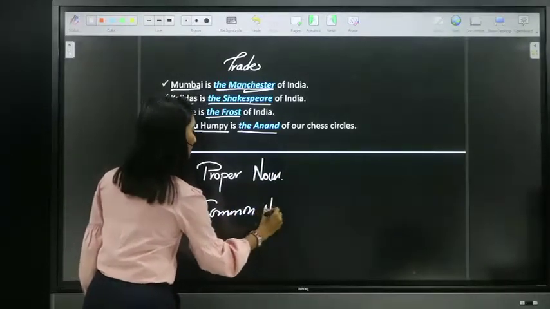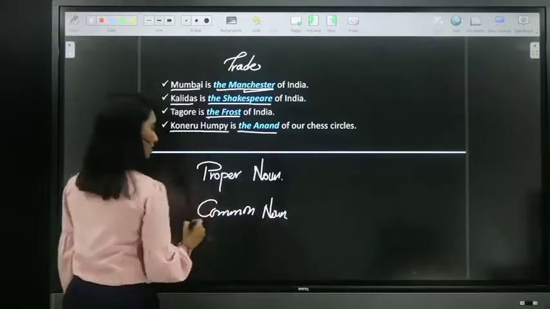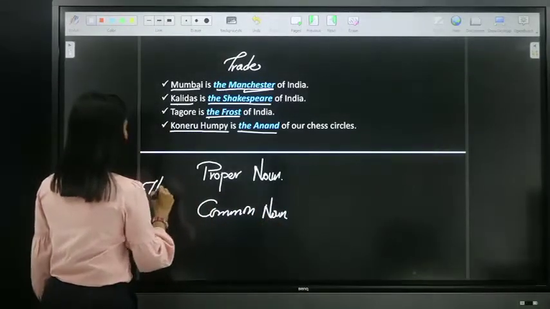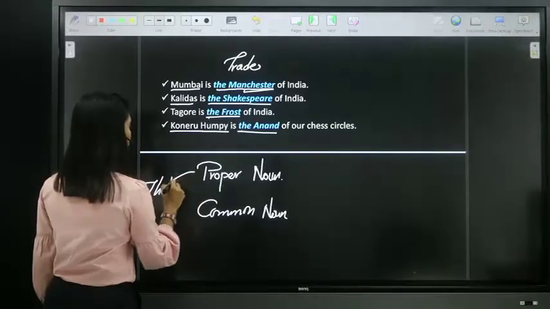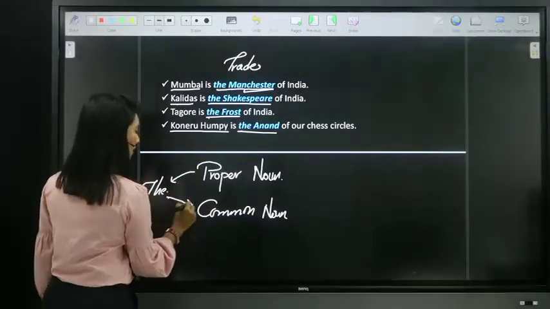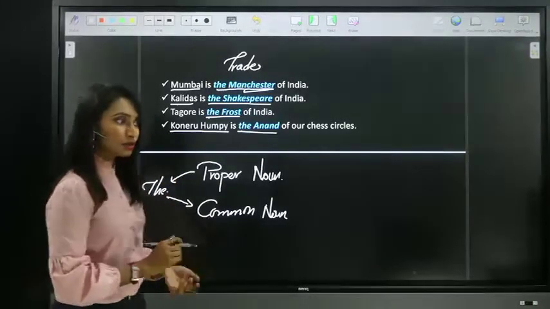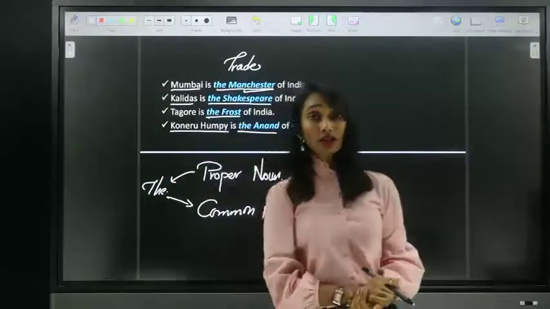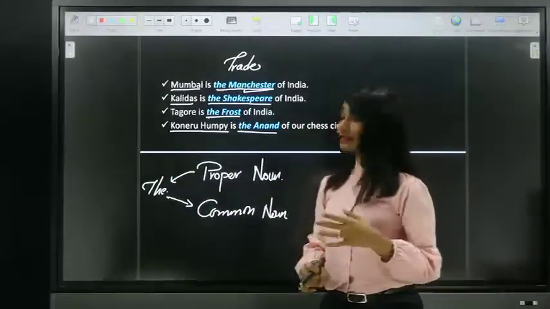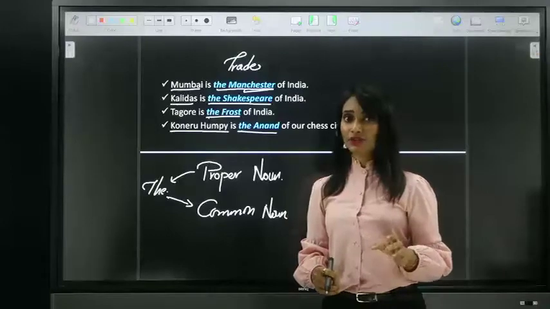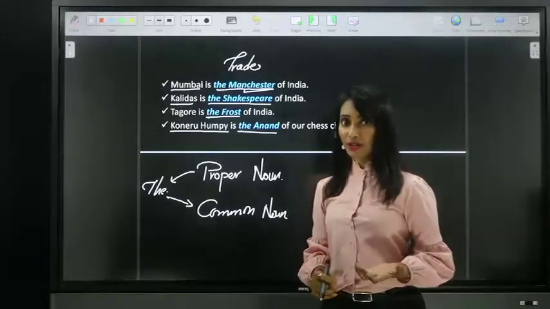So the simple addition of the article the before a proper noun makes it a common noun. I hope it is clear. Do let me know if you have any questions on this concept. It is a little difficult to understand. If you didn't understand, let me know, I'll explain one more time.